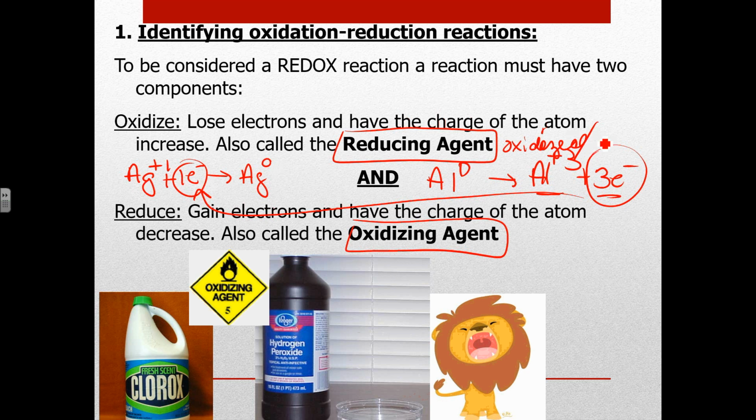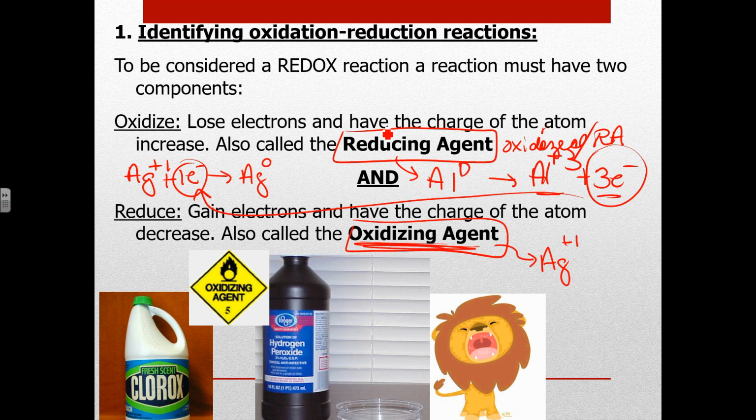So we can say it is the reducing agent. Same holds true for the silver. The silver is trying to steal electrons away from the aluminum, so it is going to be reduced, but we can say that it is the oxidizing agent. So the oxidizing agent is Ag +1, and the reducing agent is the Al0.